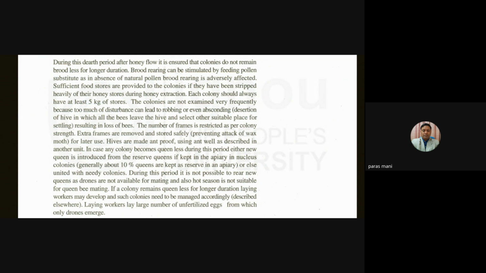Before winter and spring, we have to leave the colonies with sufficient honey. We should not extract the honey completely. Nearly 20% of the colony's honey storing capacity must be left within the colony itself as reserve food.